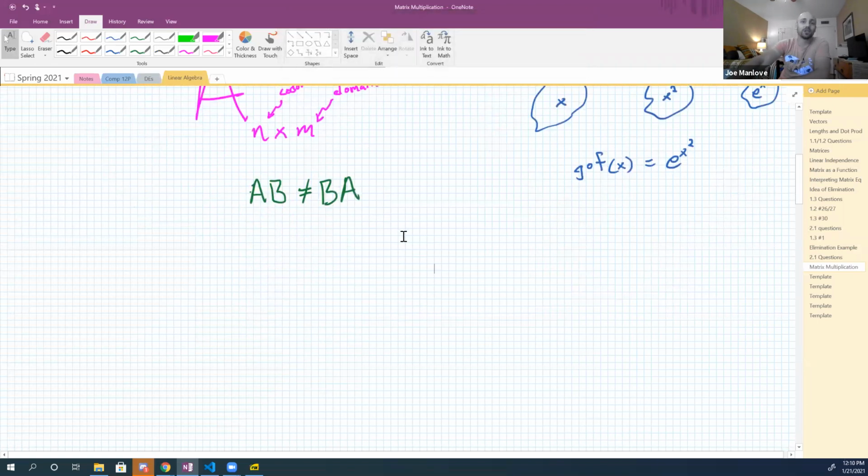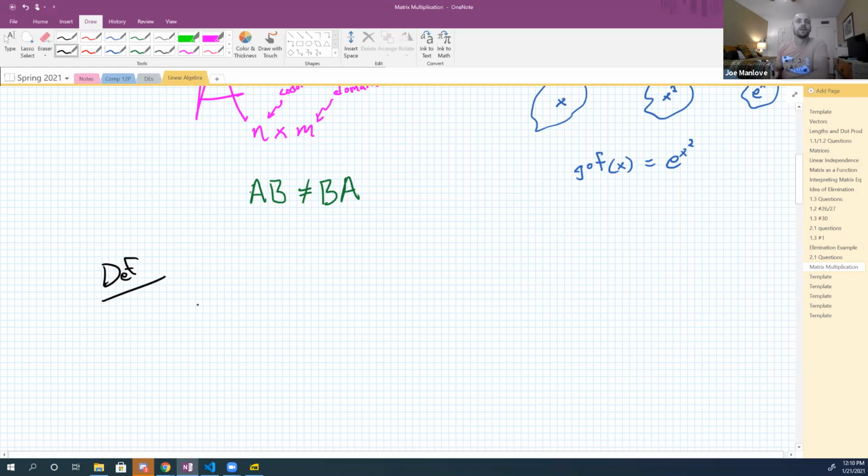In order to actually go about doing this, I need a definition for how to multiply A and B. So I'm going to write down a definition, and then we can check that this satisfies the properties that I just claimed.